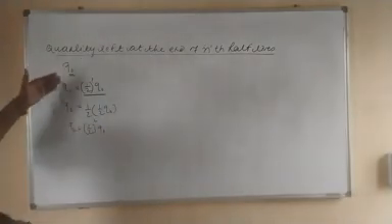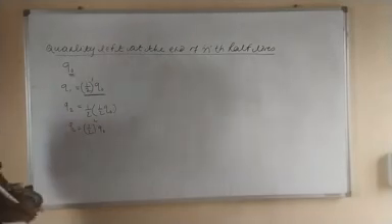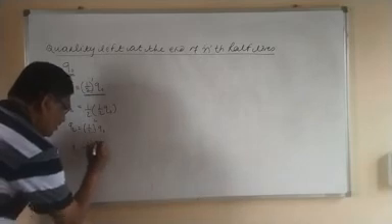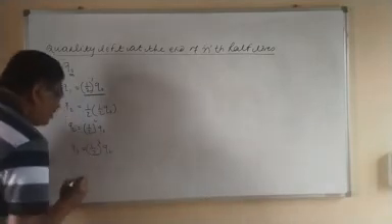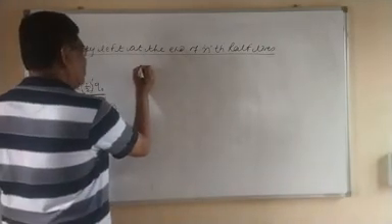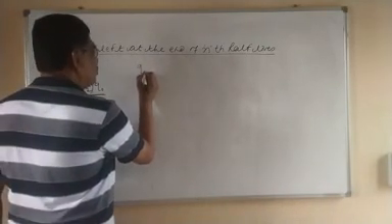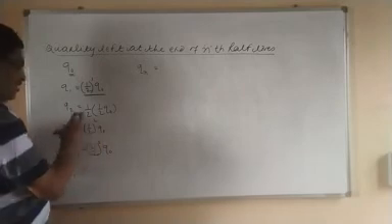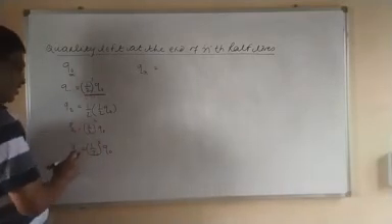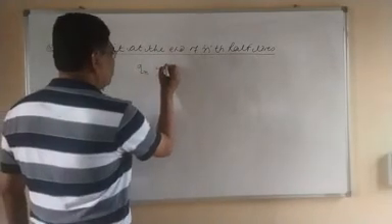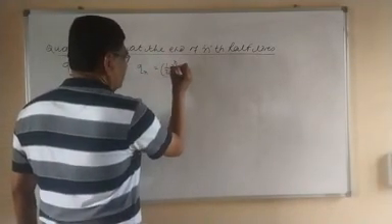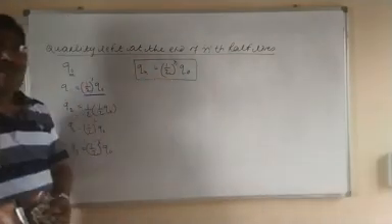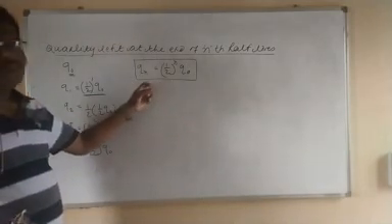Similarly, at the end of the third half life period, we can write q3 is equal to one half raised to 3 into q0. Similarly, at the end of the nth half life, quantity left, say qn, will be one half raised to n into q0. This is an expression for the quantity left at the end of the nth half life.